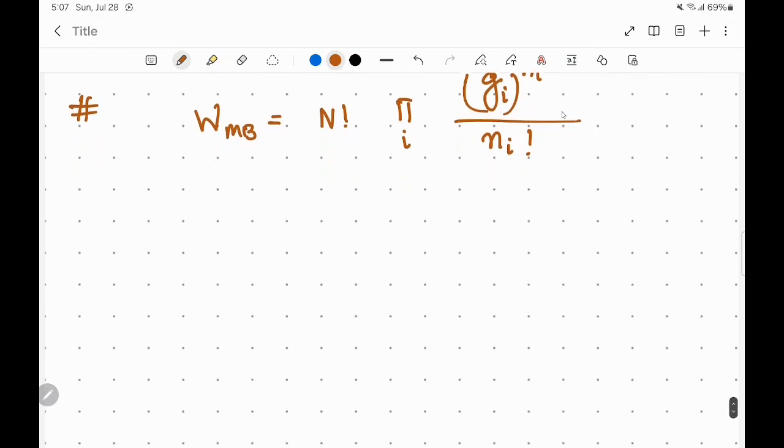Okay. Now this is for classical particles or Maxwell-Boltzmann particles. That's why in the starting I discussed the types of particles. Otherwise, everything will be very confusing. It's better to first clarify the types of particles, then discuss the types of statistics.